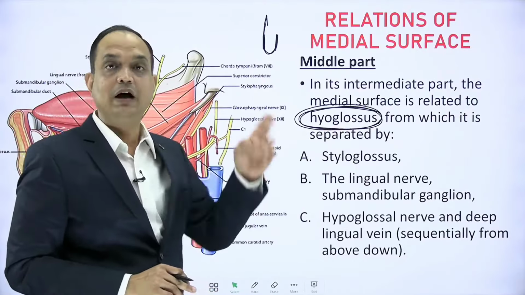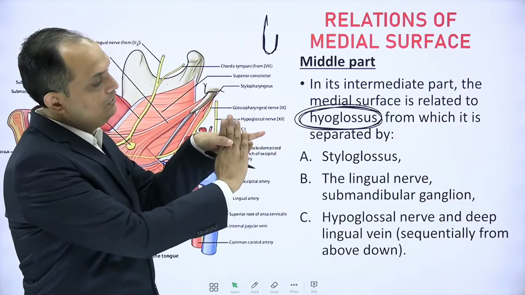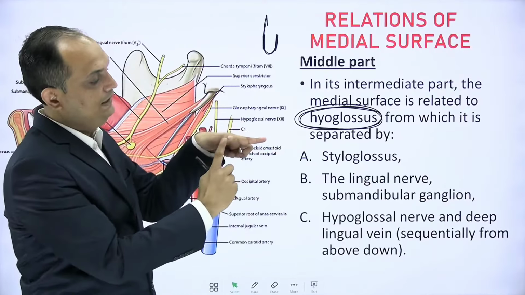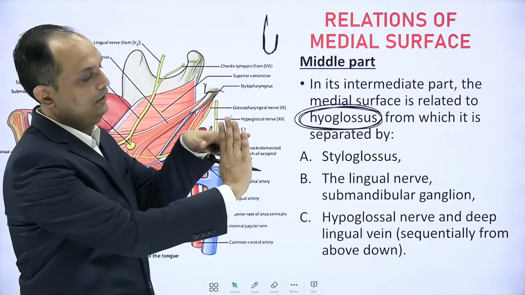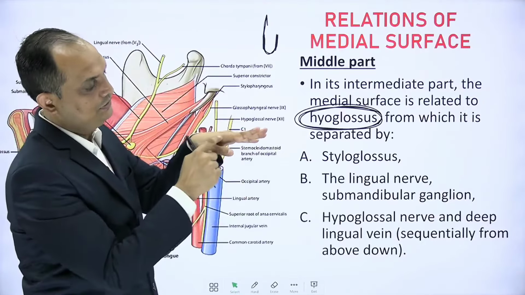Why is it related with the hyoglossus? Because these two, deep and superficial parts, which are actually divided by the mylohyoid, are not overlapping each other. It is actually twisted, and this is the end of the posterior free margin of the mylohyoid, and in this condition, this portion also touches the lateral surface of hyoglossus.